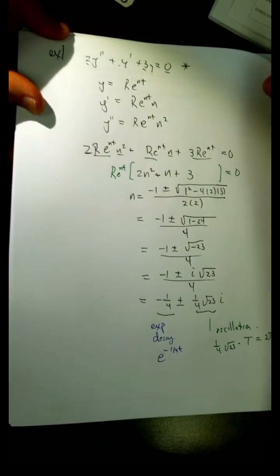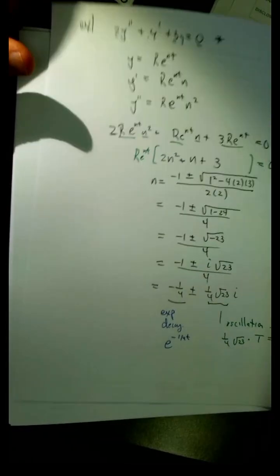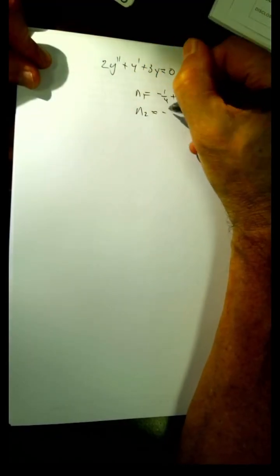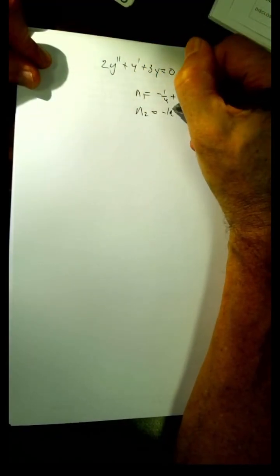Okay, so for the solution to this thing, what do we have? Again, our differential equation was 2y double prime plus y prime plus 3y is 0. I assumed an exponential form, and I got n1 is equal to minus 1/4 plus square root of 23 over 4 i. n2 was minus 1/4 minus square root of 23 over 4 i.